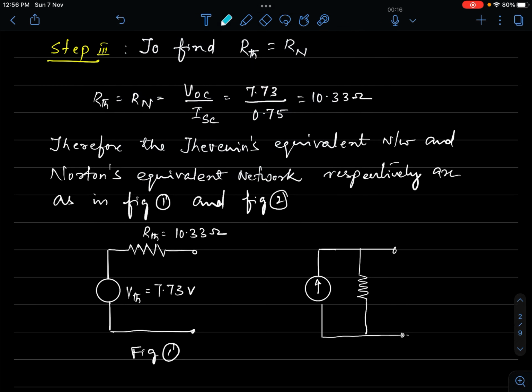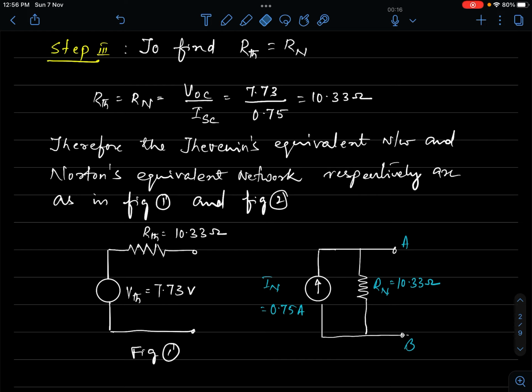I'll pick up colors. This is Norton's resistance, whose value is 10.33 ohms. This is IN, the Norton's current source value. This is 0.75 ampere.